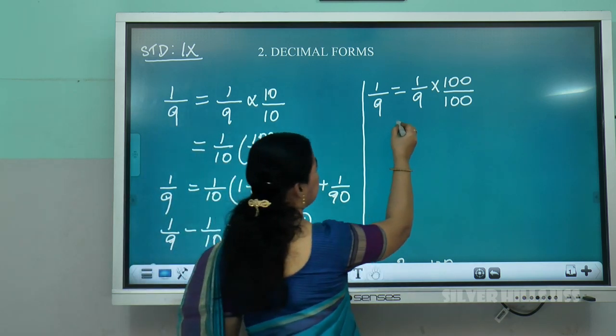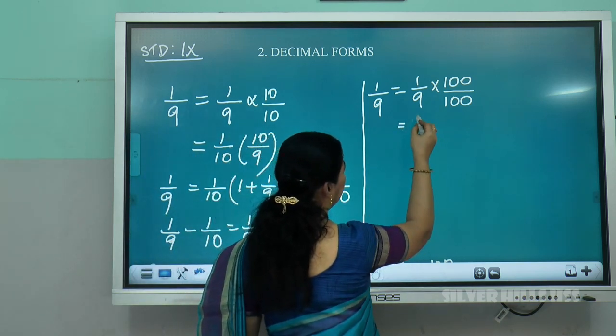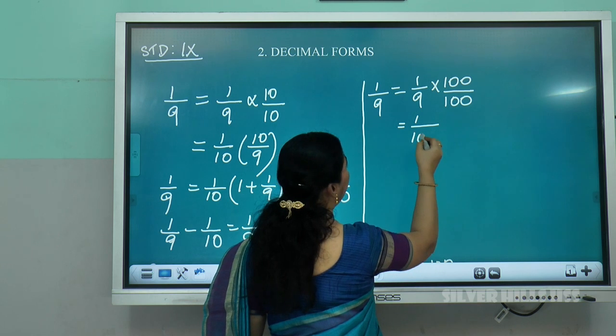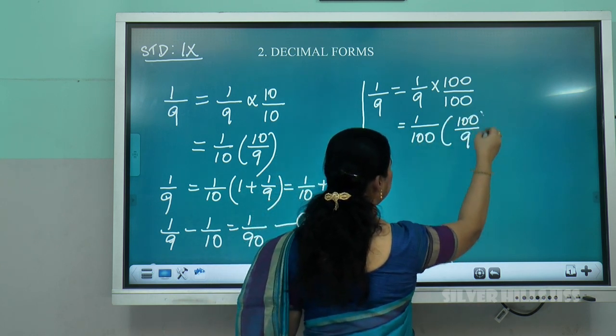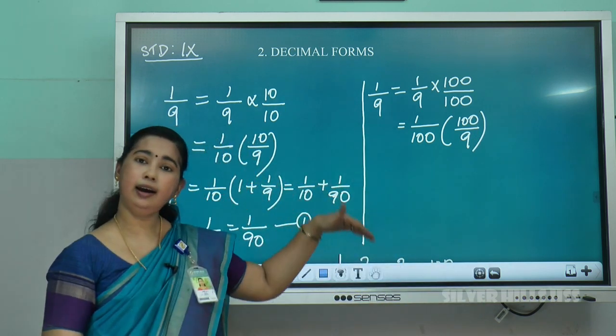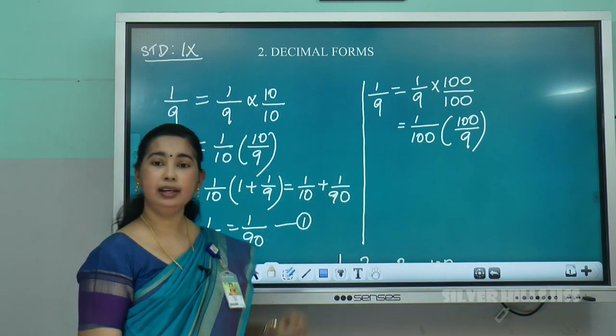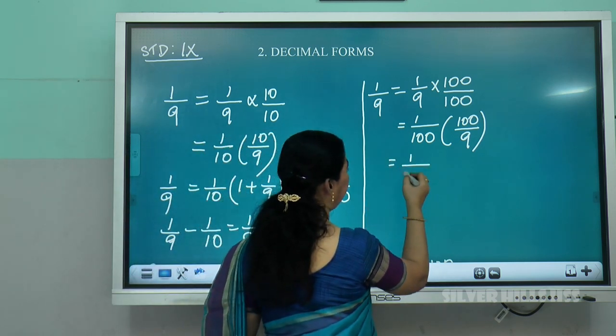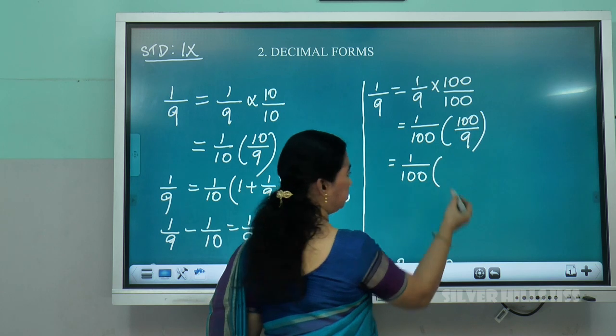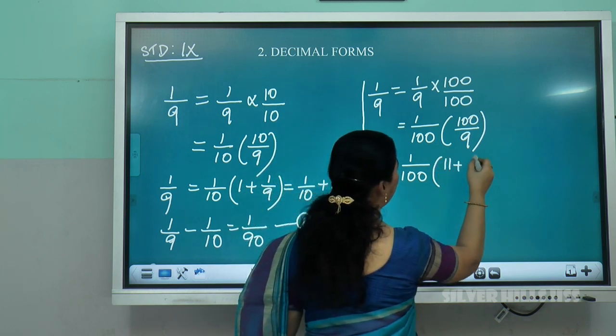Rearranging this, I can write it as 1 by 100 into 100 by 9. Again that 100 by 9 can be made a mixed fraction. So, this becomes 1 by 100 into 11 plus 1 by 9.